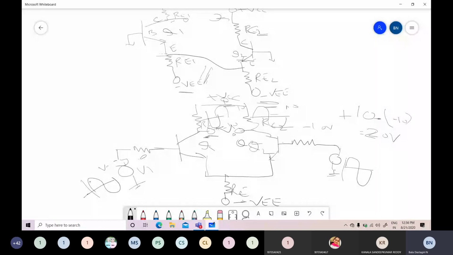If you take the same positive signal across the two inputs, what happens? Since we are giving the positive signal here, you get the negative signal like this, and across this collector also you get the negative signal like this.